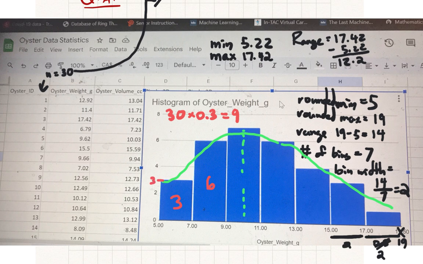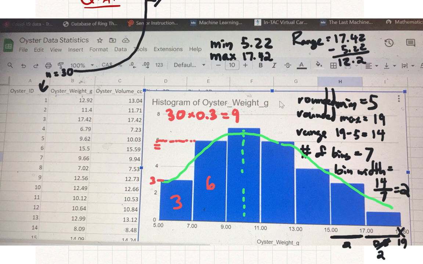It goes up to a height of 3, and the second bar goes up to a height of 6. So we know that the smallest 30% of our oysters, the smallest 9 oysters, are below 9 grams. So we can easily read off information from this histogram as well, which is really, really nice.